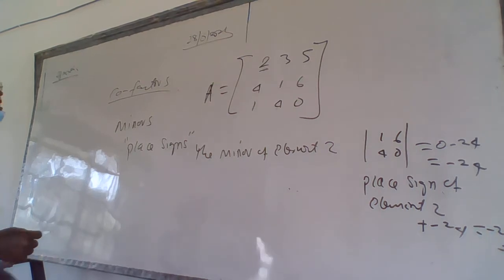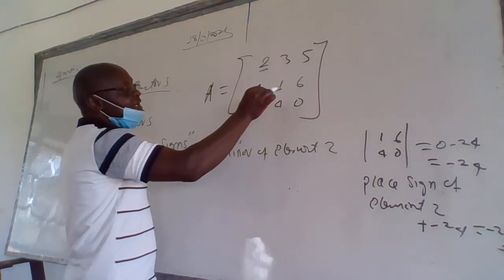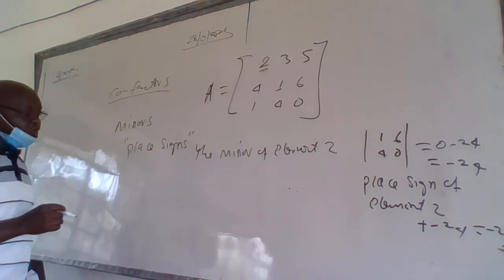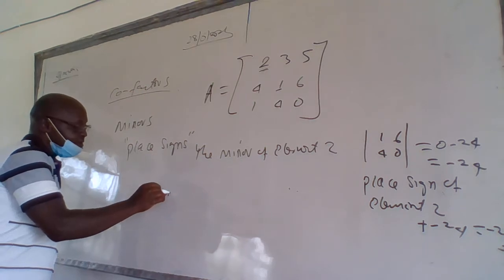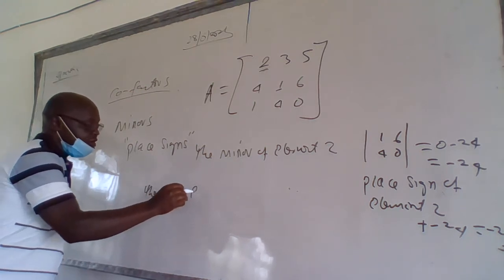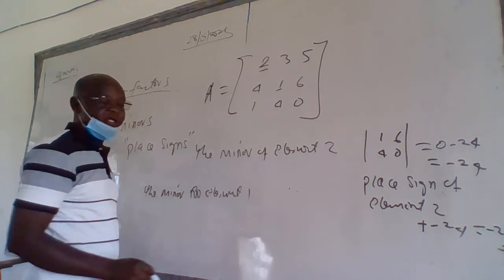Let's get the cofactor for element 1. You start by getting the minor for element 1.